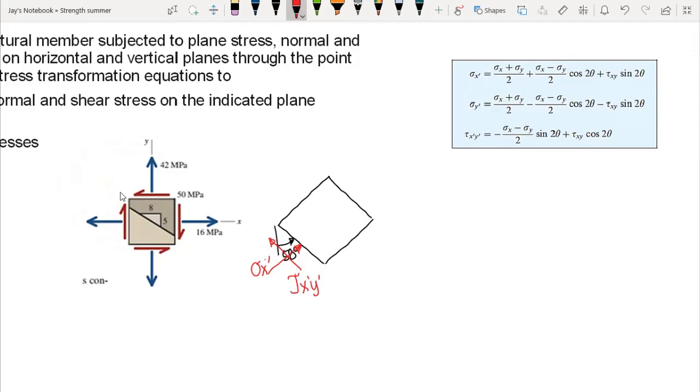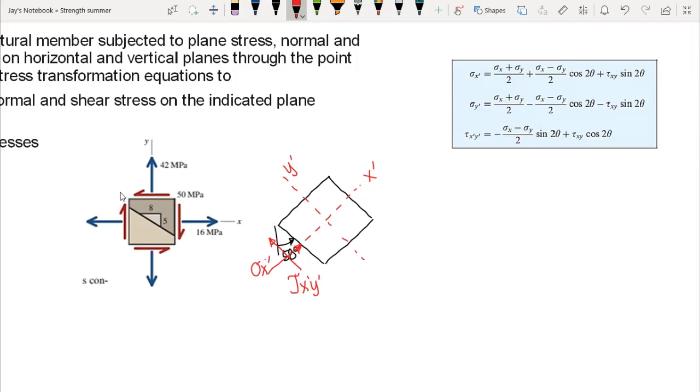Since we have rotated our stress element, we have our new axis. This is our new x-axis. Let's say that's x prime. And this one is our y prime, our new vertical axis or tilted vertical axis.